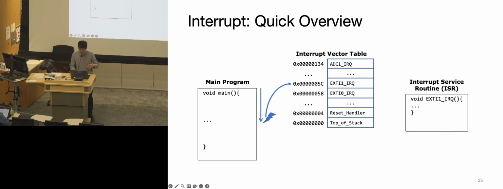In this case, it tells us to call the memory location at 5C, which points to a handler function, which is the ISR, the interrupt service routine, and then it does something. After that's done, it goes back to the main program as if nothing happened, and the main program keeps going on.